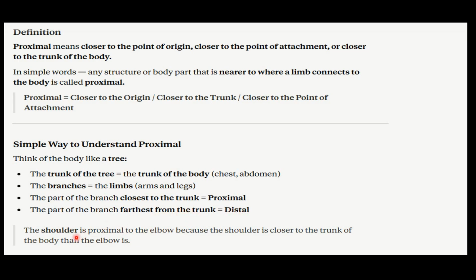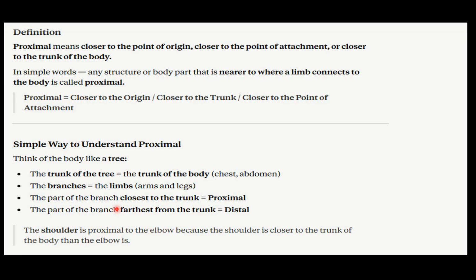You can say the shoulder is proximal to the elbow because the shoulder is closer to the trunk of the human body than the elbow is. Clear? The one that is closer to the trunk is called proximal, and the thing that is farthest from there is called distal.